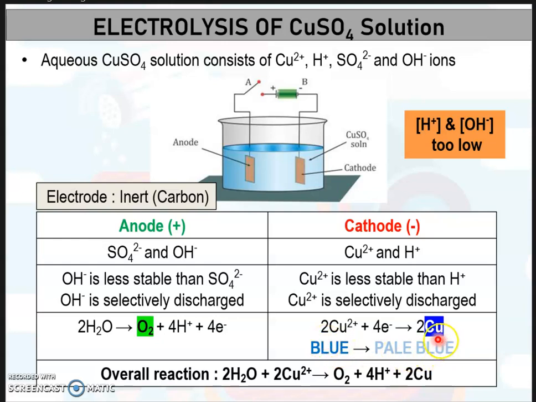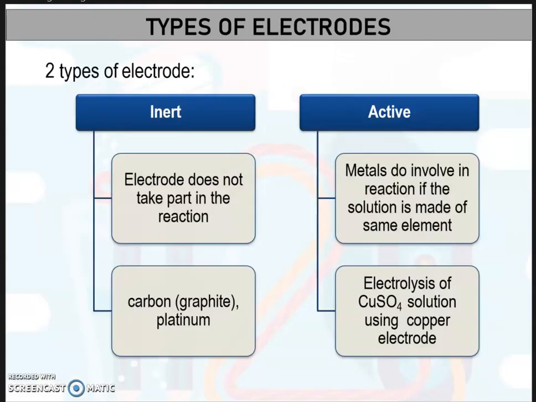So this is the half cell reaction at the cathode. At the anode, we get oxygen gas. At the cathode, we get copper solid. So the cathode will become thicker, because copper solid will be deposited at the cathode. And this is the overall reaction for this cell. Okay.